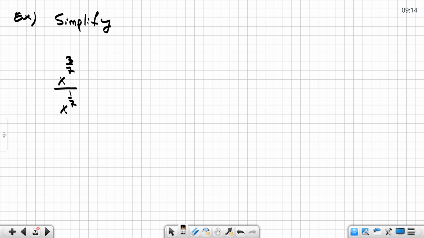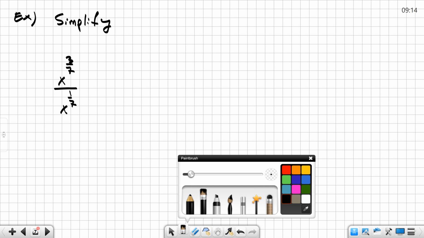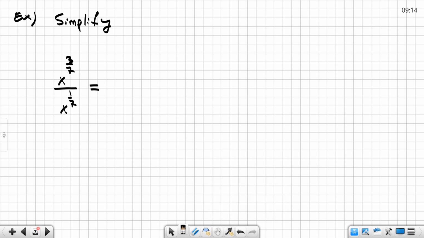So if I want to simplify now, x raised to the 3/7 divided by x raised to the 1/7. What did my rule say? Top minus bottom. The top exponent was 3/7. The bottom exponent is 1/7.